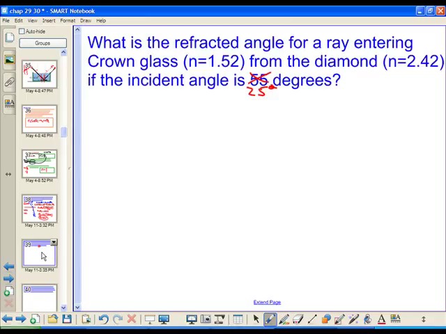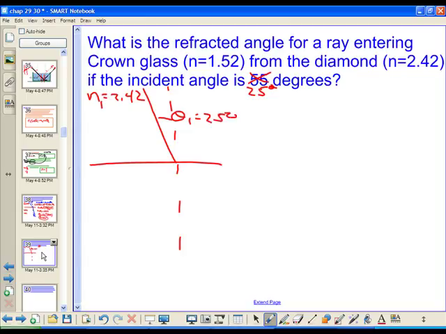If we look at our diagram here, here's our normal. We're going from the diamond. N equals 2.42 is our N1. Here's our theta 1 of 25 degrees. But because we're going to an N2 of 1.52, it's going to move away.